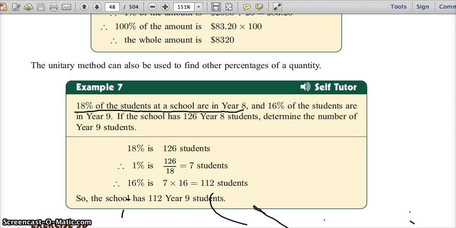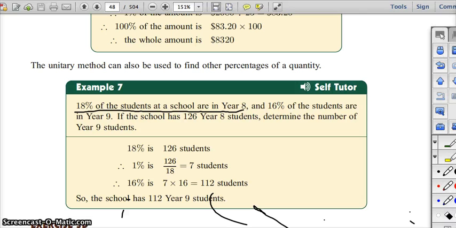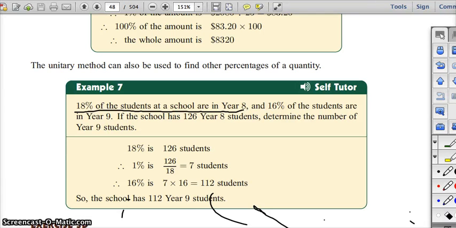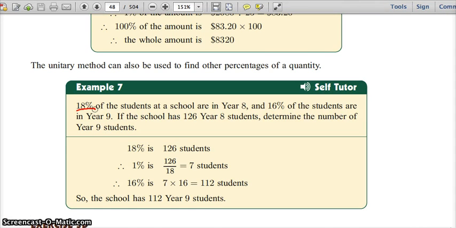What's the important piece of information in that first bit that's underlined? Isaac, what's the important bit of information, please? 18% of Year 8s. Absolutely. 18%, I'll do that. 18%. Year 8s.